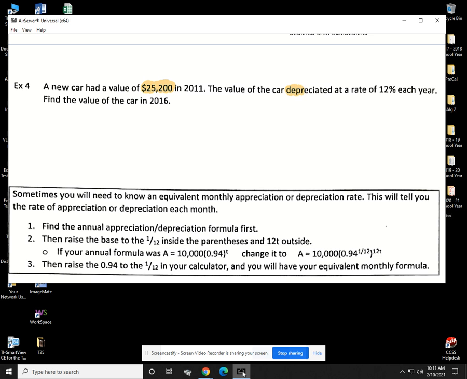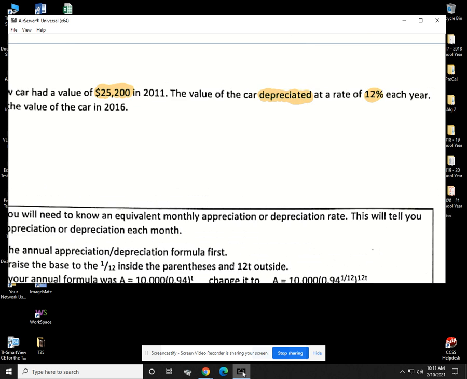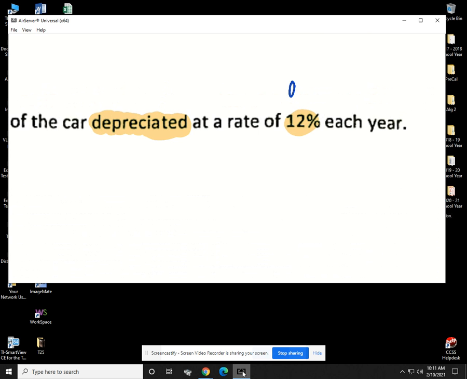Also, it tells me straight up that it depreciates. How hard does it depreciate? 12%. So 12%, guys, is what? Not 0.012. Look, 1, 2 to the left. It's 0.12.